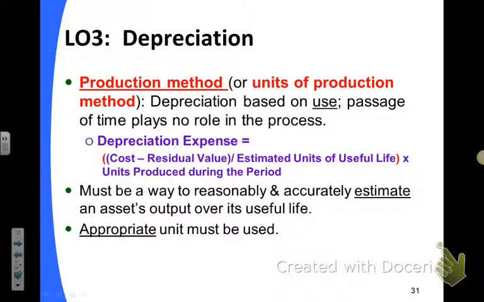If I have a piece of manufacturing equipment, how many widgets can it make in its useful life? Copiers, how many copies can a copier make in its useful life? So they have to have some way of estimating the asset's anticipated useful output over its life. If they can do that, then they can use this production approach in calculating the depreciation.